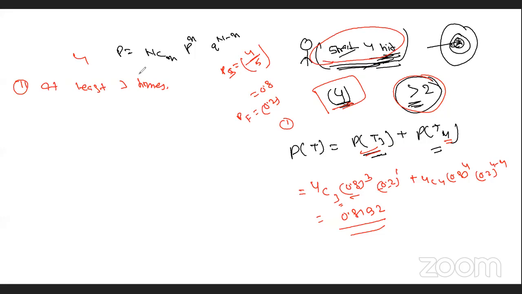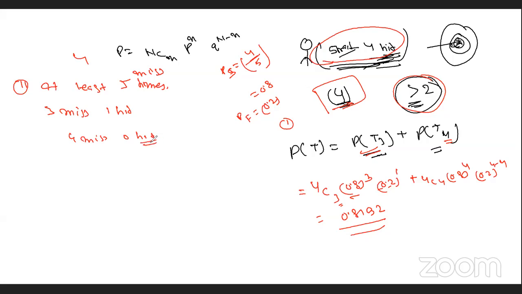If I'm asking what is the probability that the person is going to miss a target at least three times, the simple meaning is three misses, so three times he is going to miss the target. It simply means that he is going to miss three times and one hit I'm expecting, or four misses or zero hits I'm expecting.